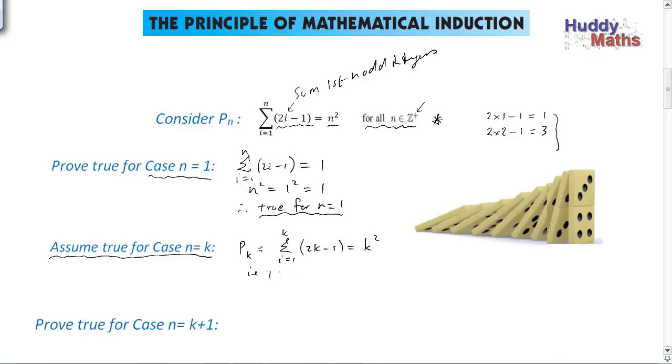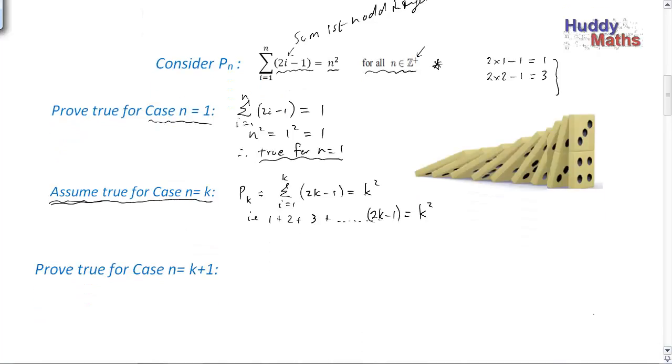It's 1 plus 3 plus 5 right up to the kth odd, which is of the form 2k take 1, and all of those will come to k squared. So we're going to assume that. You say, gee, that's supposed to be a proof, isn't it? Well, let's go down and see what we're going to do and see if you can understand it.